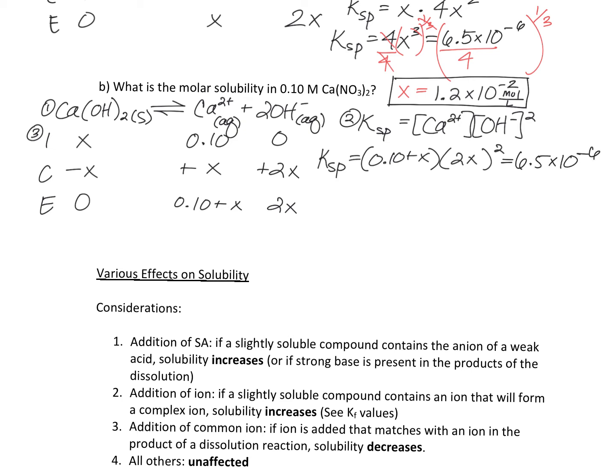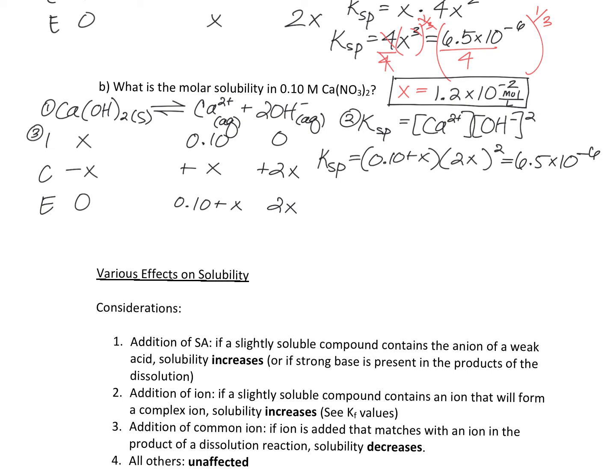Because this math would get a little bit more onerous if we kept this x inside this expression right here, we'd end up with a more complicated polynomial. And chemists like to avoid that. They like to simplify as much as possible because we want values that are reasonable.